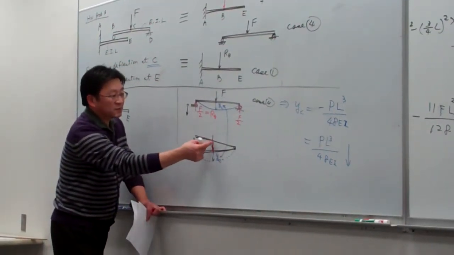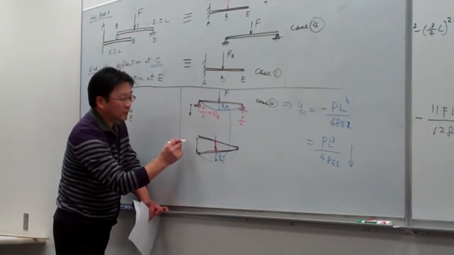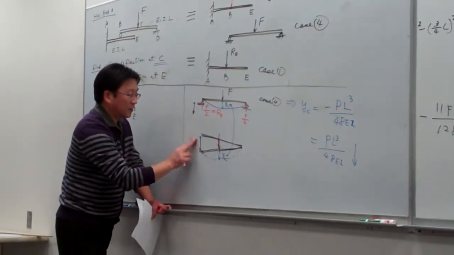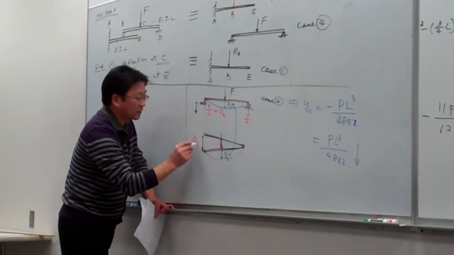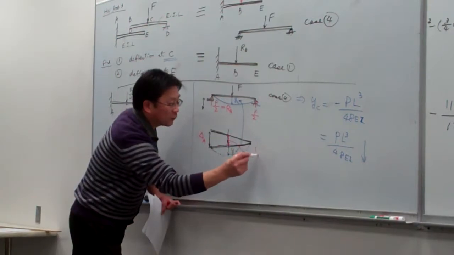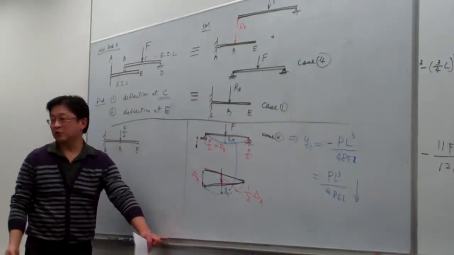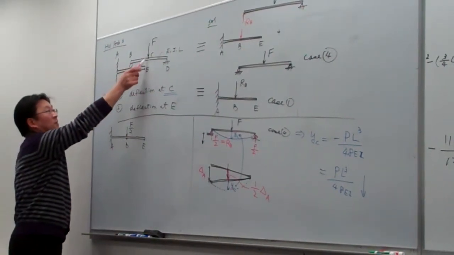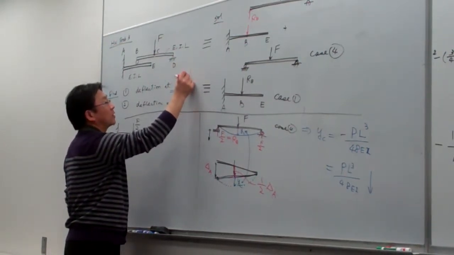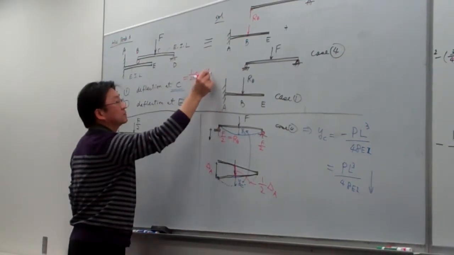So this distance is how much? Let me call this movement YA, let me call it delta A, okay? So in this way, this one will be equal to 1/2 of delta A. So in total, the deflection for this assembled beam will be equal to 1/2 of delta A plus the YC here.